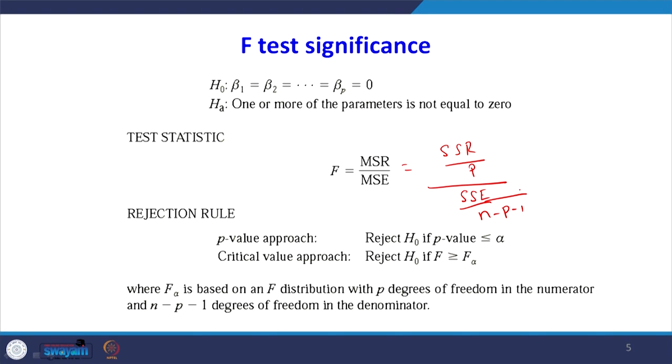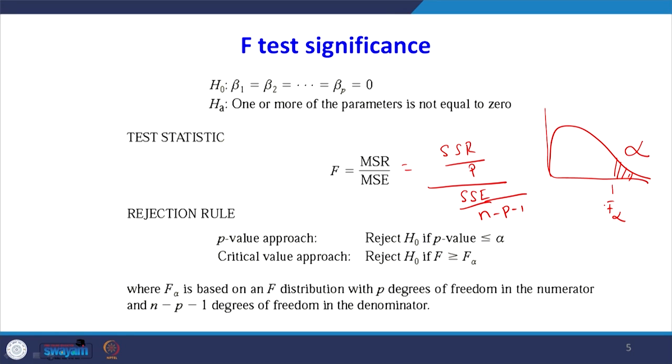This hypothesis testing can be done in two ways. One is the p value approach, another is the critical value approach. In the p value approach, reject H naught if the p value is less than or equal to alpha. This is the F test, it will be this way, it is a right skewed distribution, and this is your alpha value. Here you get the corresponding F alpha, and this value you can get from the table.